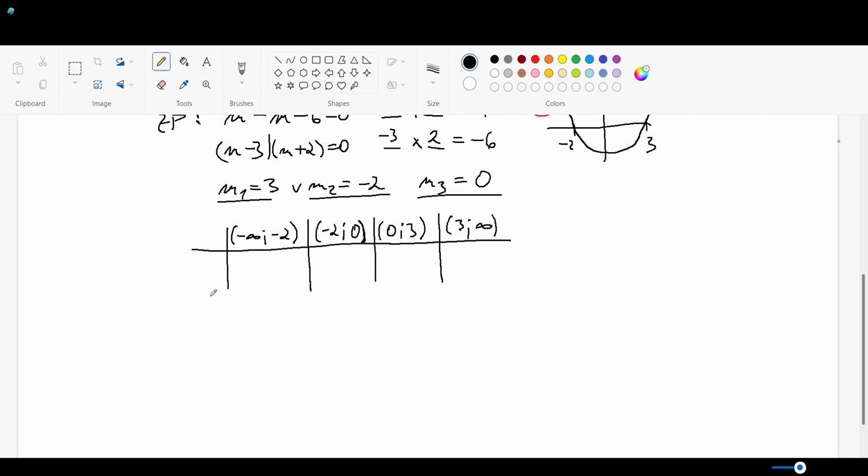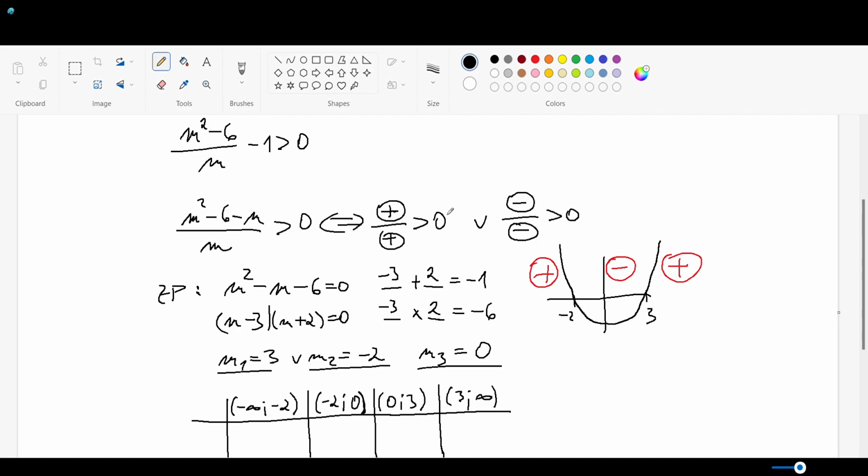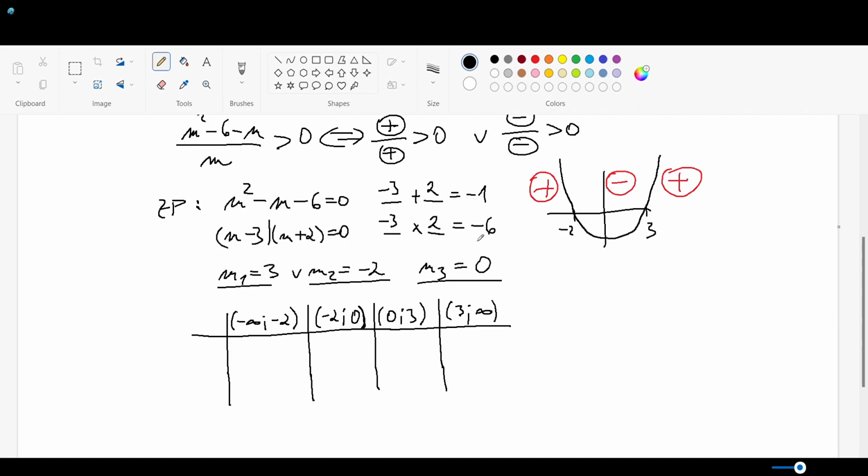We construct this table, and we already know why we do so, because we want to find out where our fraction is positive or negative. So we will be looking for a combination of two plus signs or two minus signs. So let's find out how the expression m squared minus m minus 6 behaves, and this is the reason for drawing the parabola, because now I can very easily say that here the values will be positive because I'm on this part of the graph.